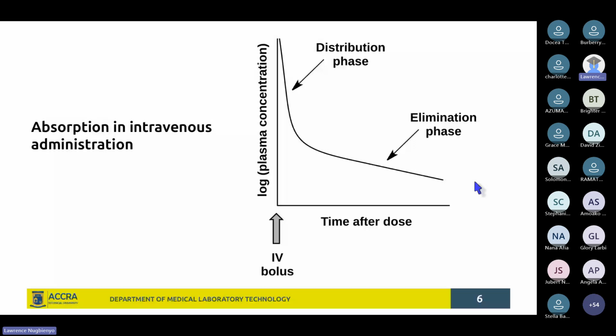And so that phase is what we refer to as the elimination phase. And where it is getting reduced so steeply, we refer to that as a distribution phase. So that's the difference you can have between the drug you are taking in orally and a drug that you are taking in intravenously.